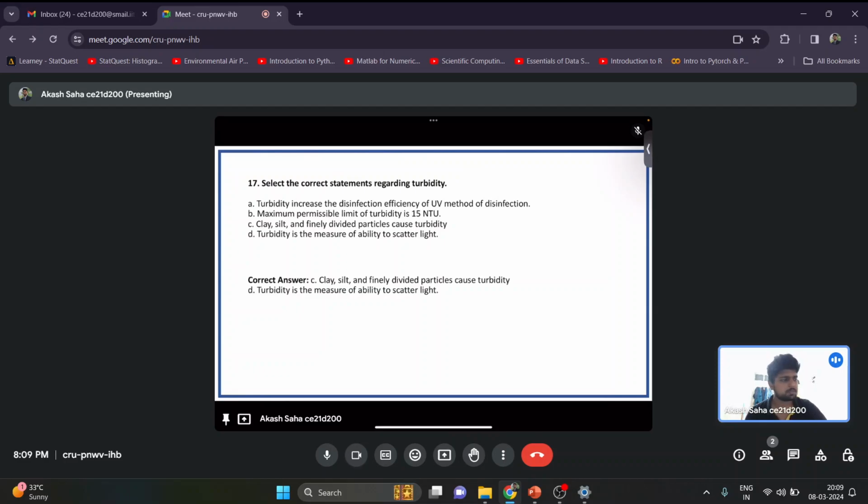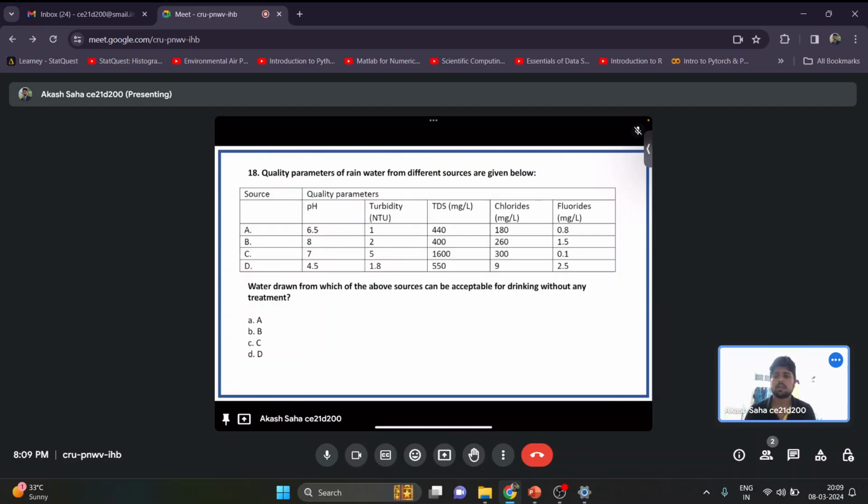Now we'll move to the next problem. The quality parameters of rainwater from different sources are given below. We have sources A, B, C, and D, where the quality parameters of pH, turbidity, TDS, chlorides, and fluorides are given. Water drawn from which of the above sources can be acceptable for drinking without any treatment?